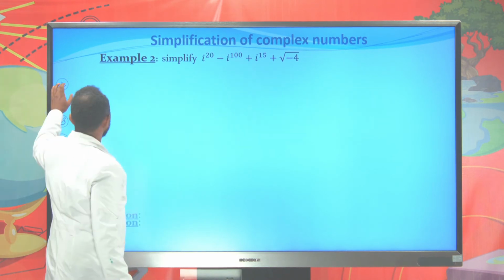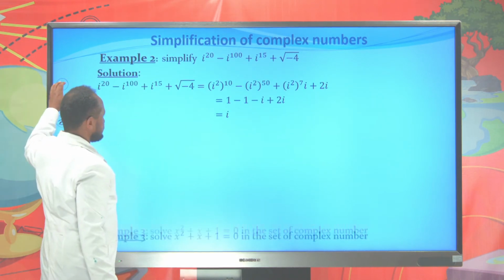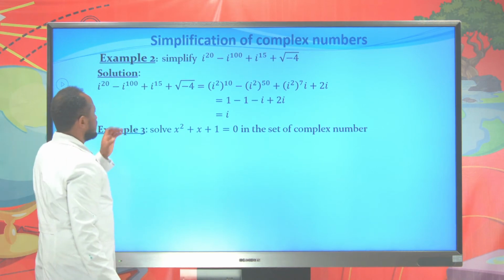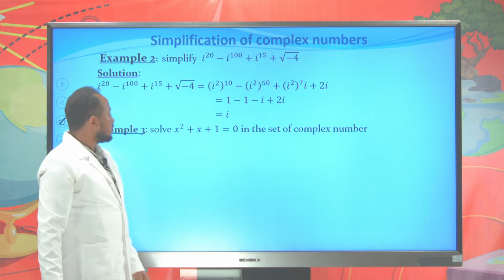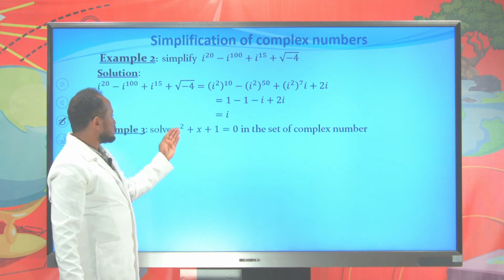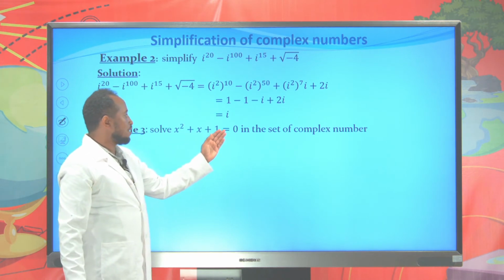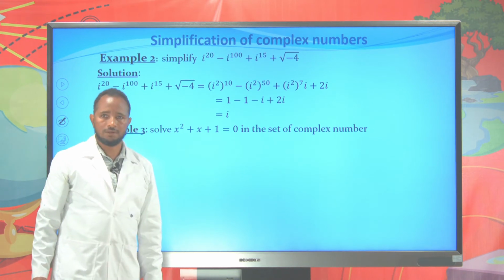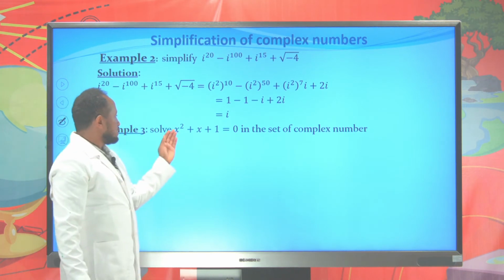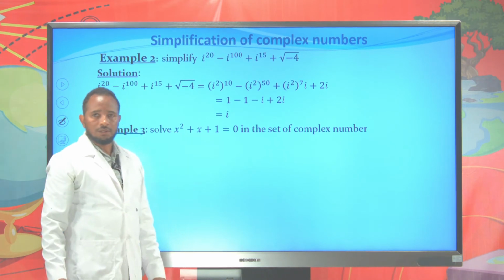Now let's continue. Example 3. We are asked to solve x squared plus x plus 1 equals 0 in the set of complex numbers. So this is a quadratic equation.